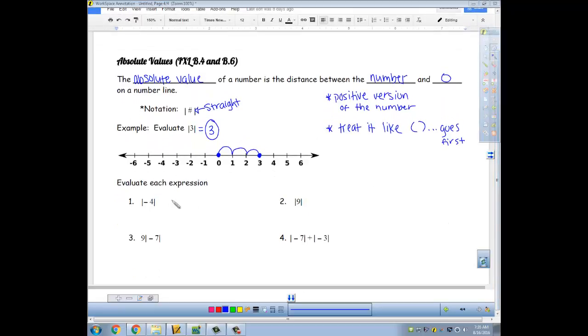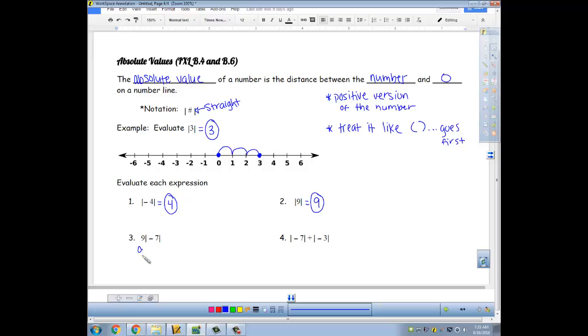So looking at some examples, the absolute value of negative 4 is just 4, because remember it's just the positive version of the number. Absolute value of 9 is 9. Again, positive version. So that would mean it's 9 spaces from 0 on the number line. Here, again, we're going to treat it like parentheses. If these were parentheses, it would be 9 times negative 7.